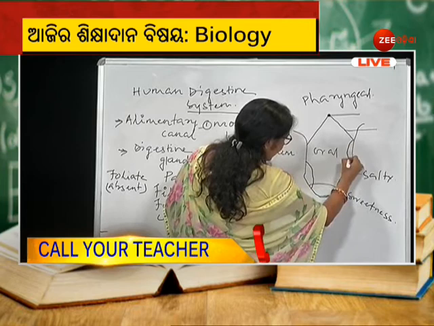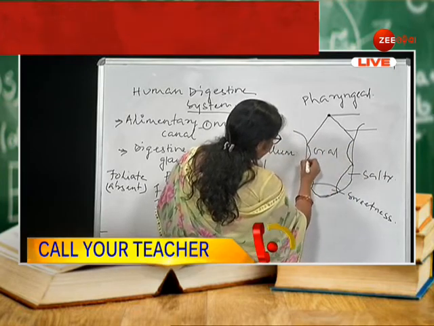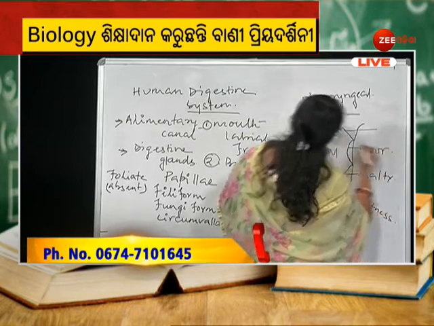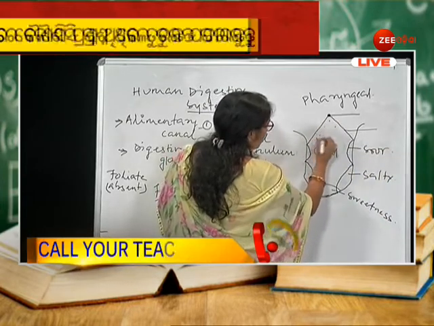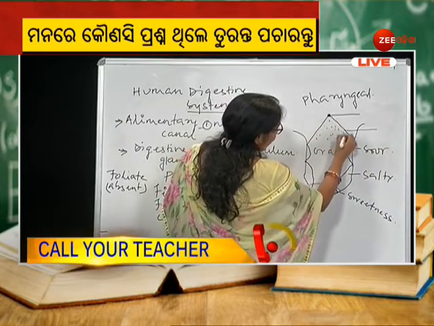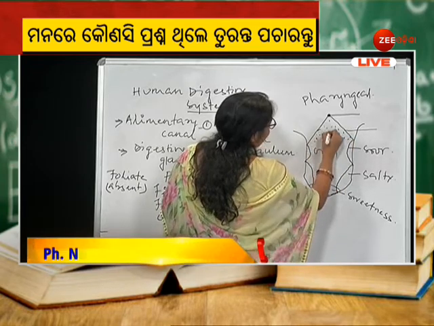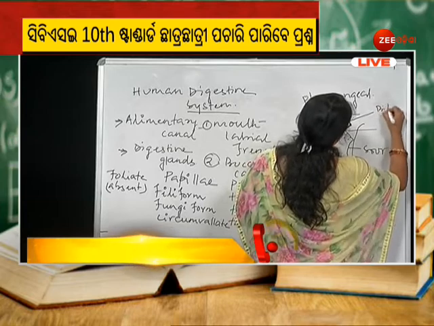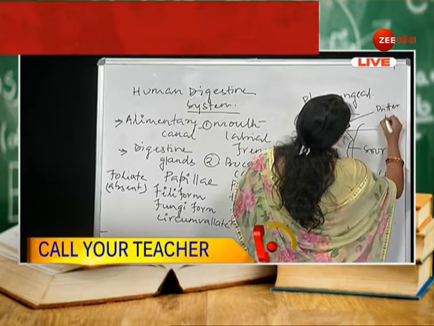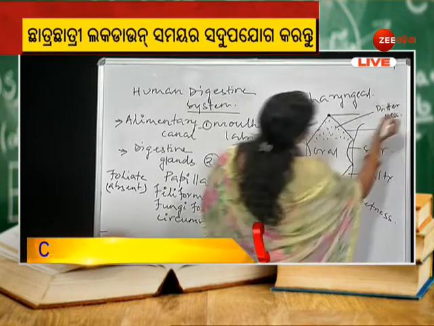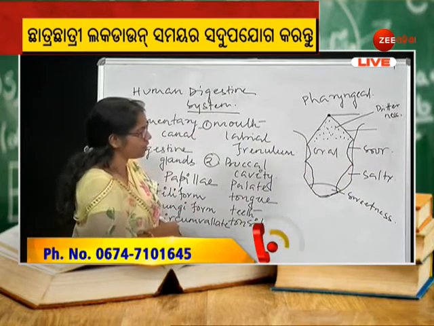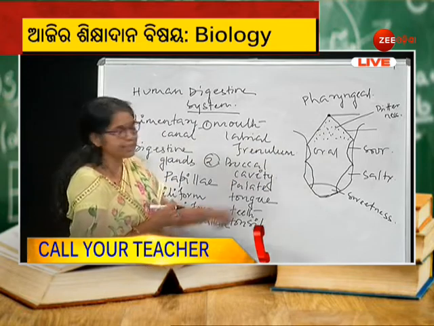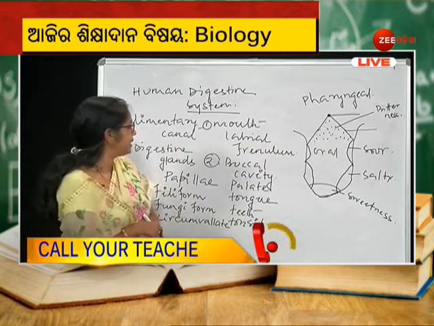Only the lateral part of the tongue detects the sourness of the food, and the posterior part of the tongue, which I have marked through dots, determines the bitterness of the food. So these are the different portions of the tongue, and these are the different taste areas through which the taste of the food can be detected.